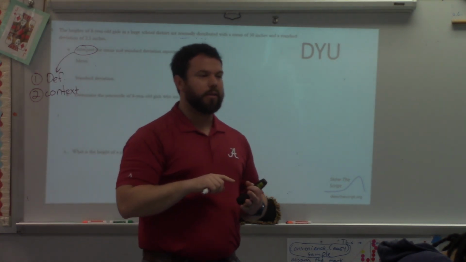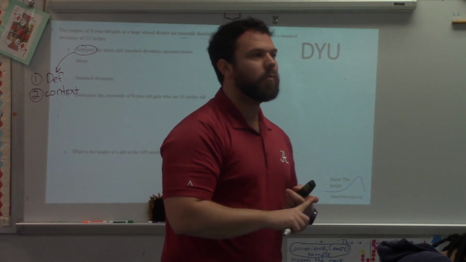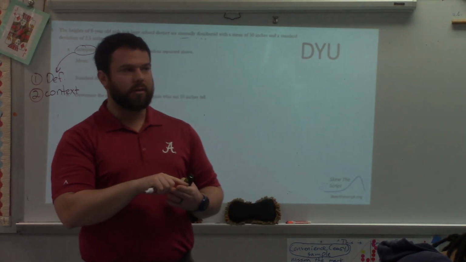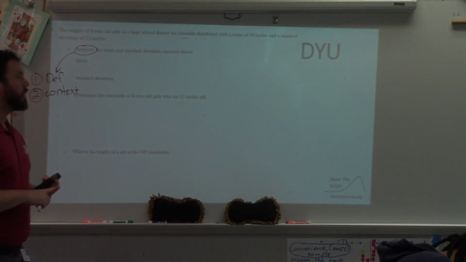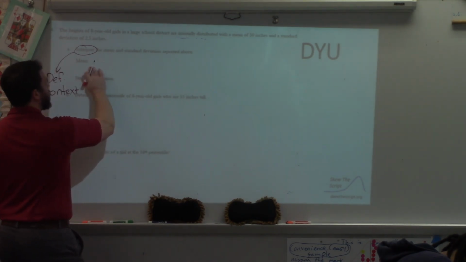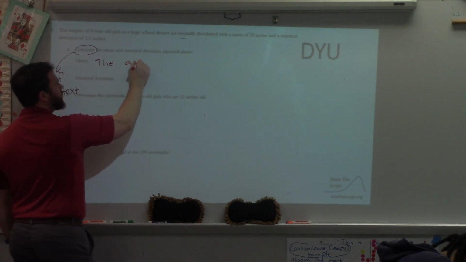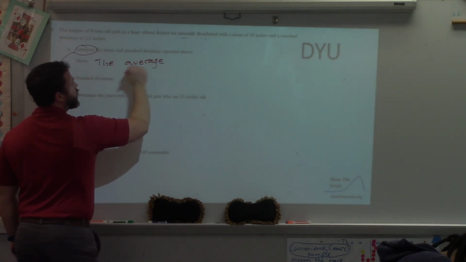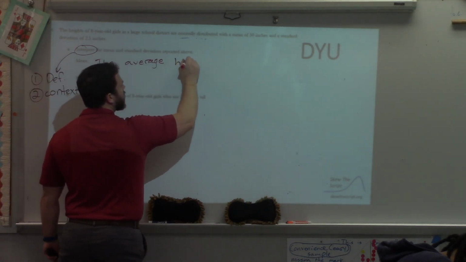Their waist? The distance around their arm, their wingspan? The idea of inches can be anything. We need more context with it. So the definition of mean is average. Average what? What's the context? Height. I need a little bit more.